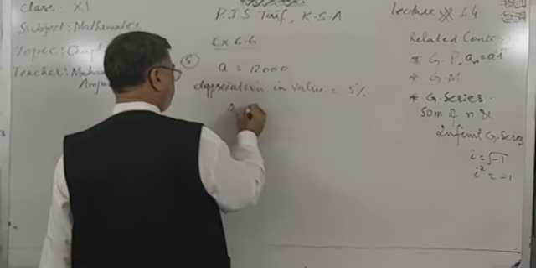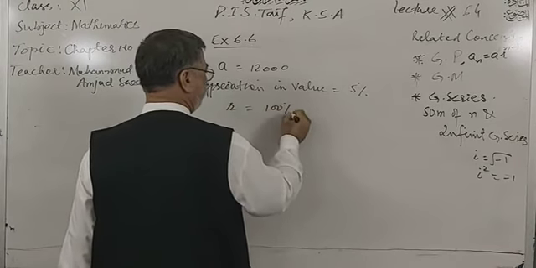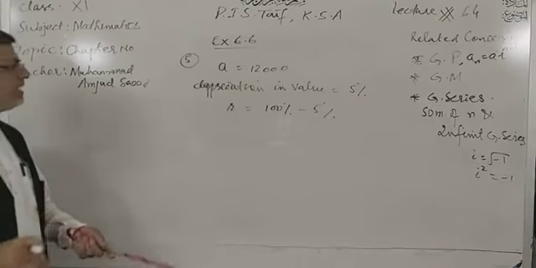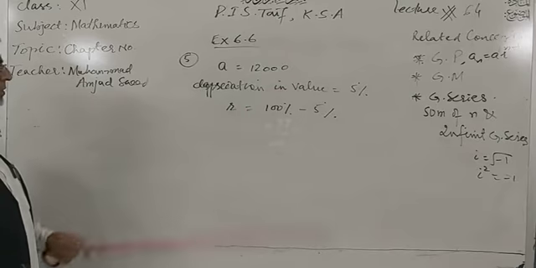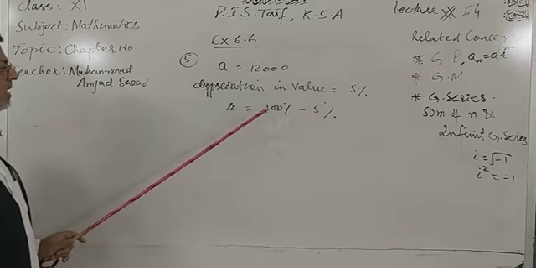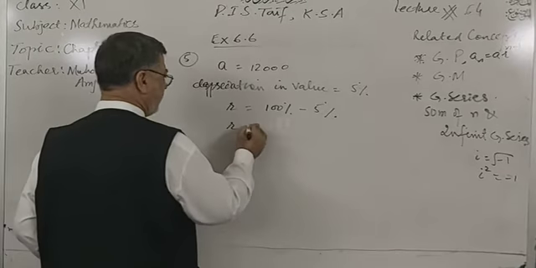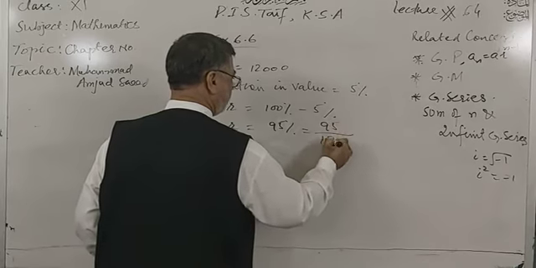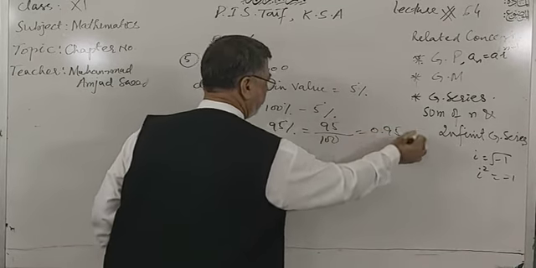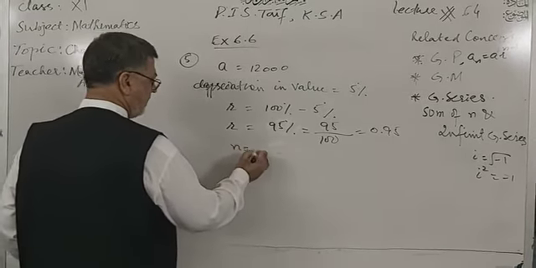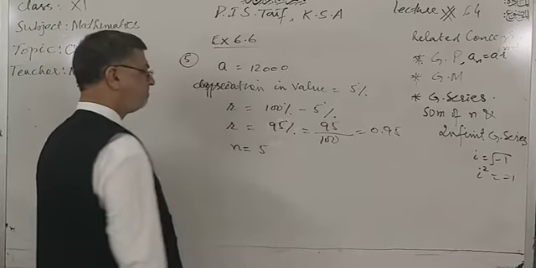So it means that r is equal to 100% minus 5%. Basically, depreciation means decrease in the value. So 5% means decrease in 5% from the 100%. We can have 95%, you can have 95 over 100, 0.95.